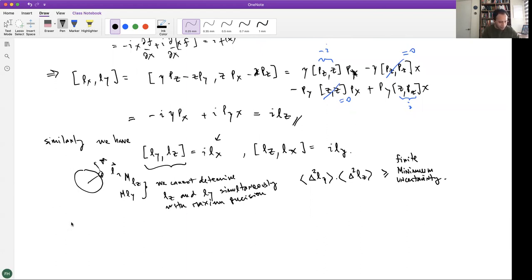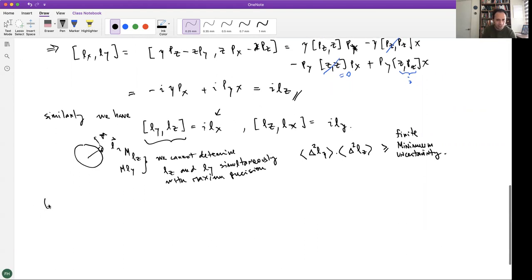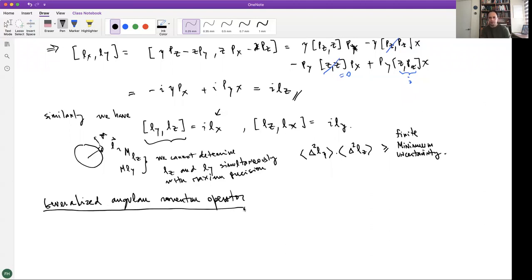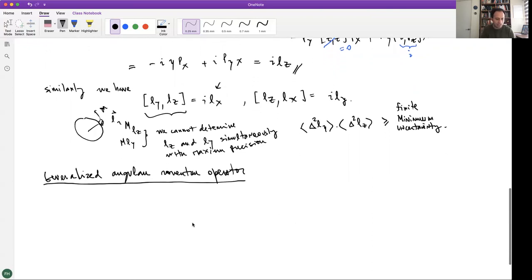Now you can generalize this. You can define a generalized angular momentum operator. You don't need to rely on the mental picture of a rotating body. You can define a general angular momentum vector operator.